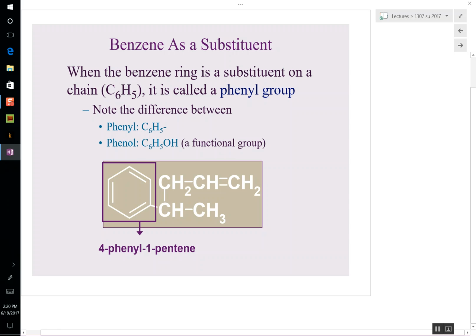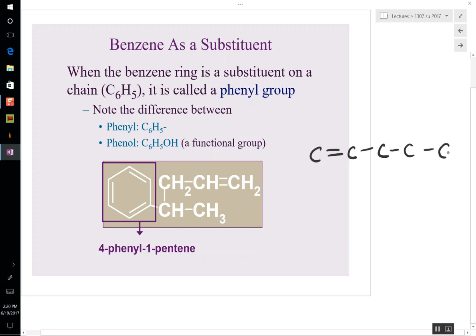Okay, now we've learned substituents, methyl, ethyl, propyl, isopropyl. Now you need to learn phenyl. Phenyl. So let me draw this molecule here. Let me straighten this out. What is that? 1, 2, 3, 4, 5 carbons long.